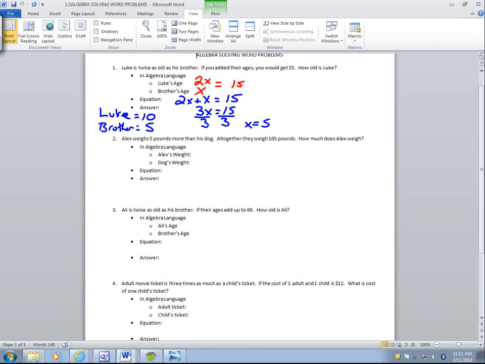X, D, whatever. We just got to make sure it's consistent. So, X. Now, here's where we got to make sure here. Alex is going to be what? X plus 5. You just can't say 5. Because it's the dog plus 5.